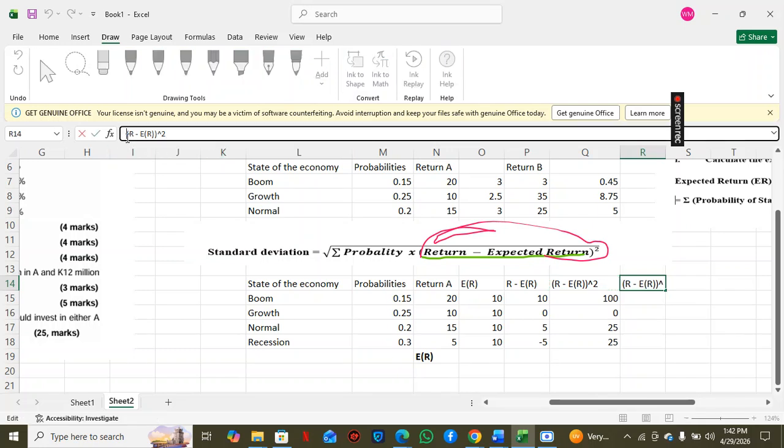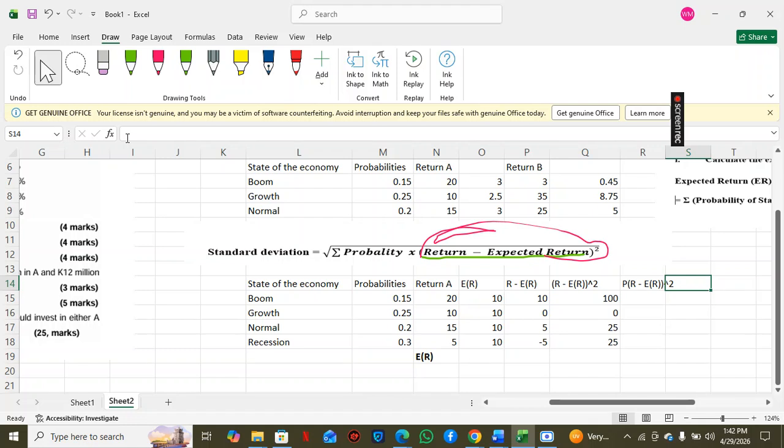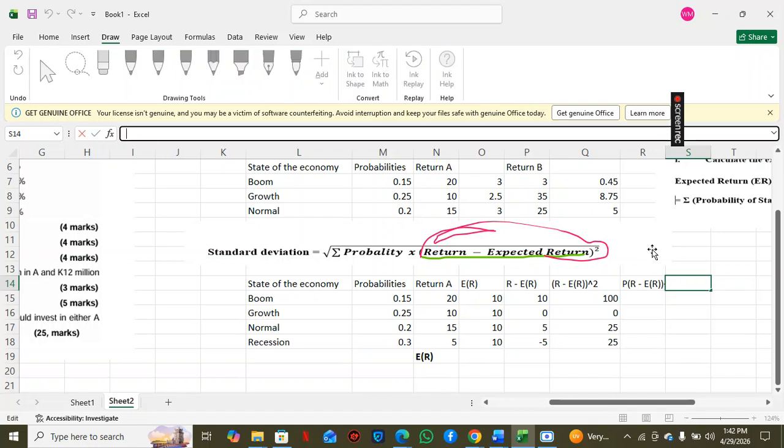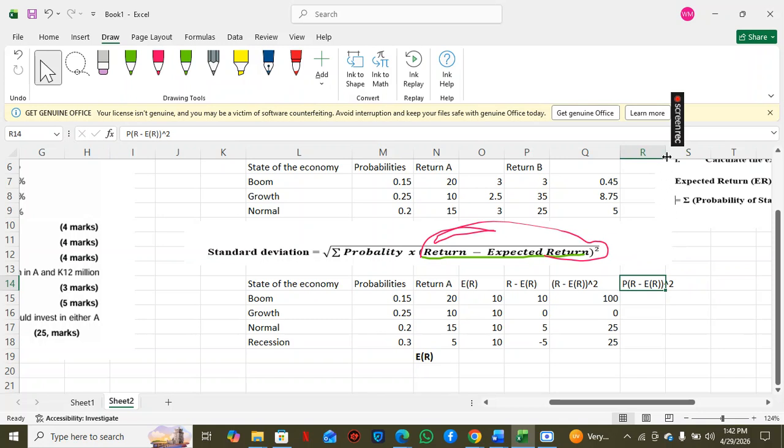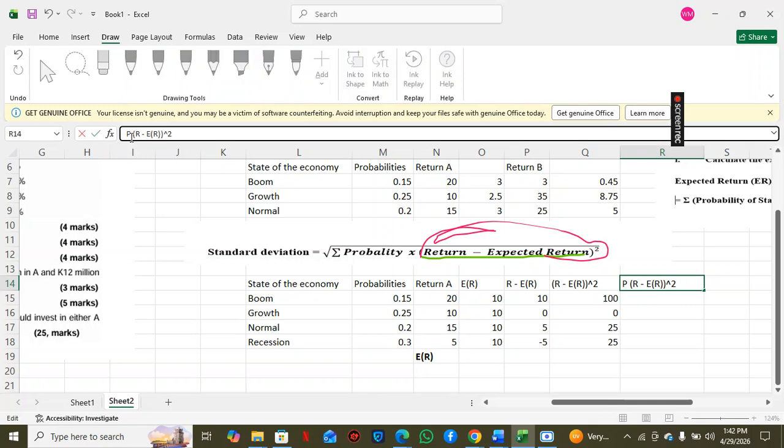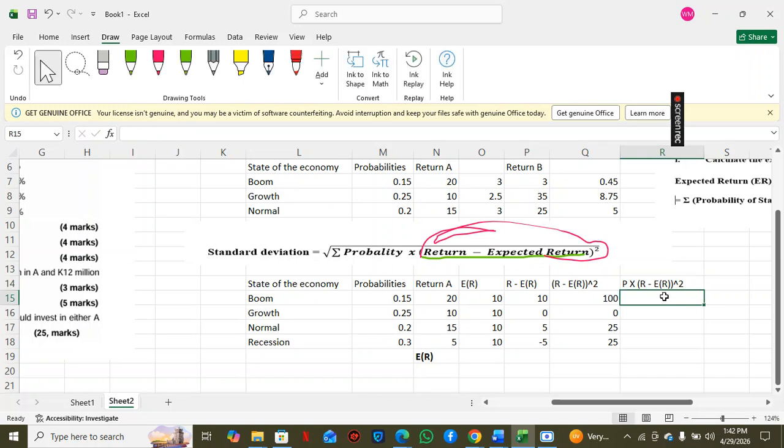Okay. Probability multiplied by the thing.